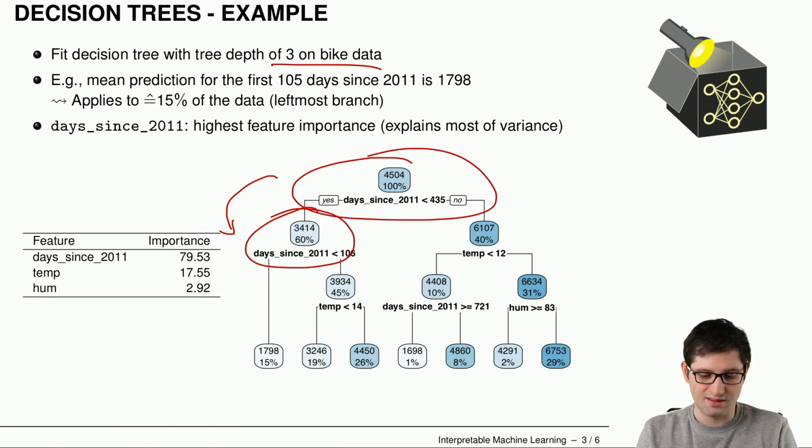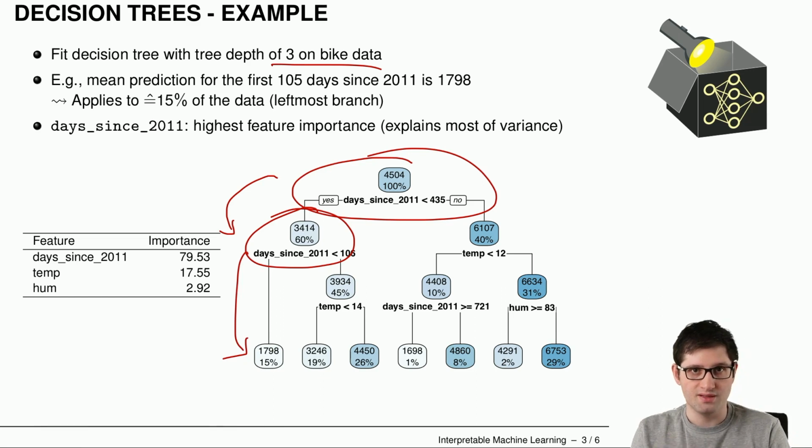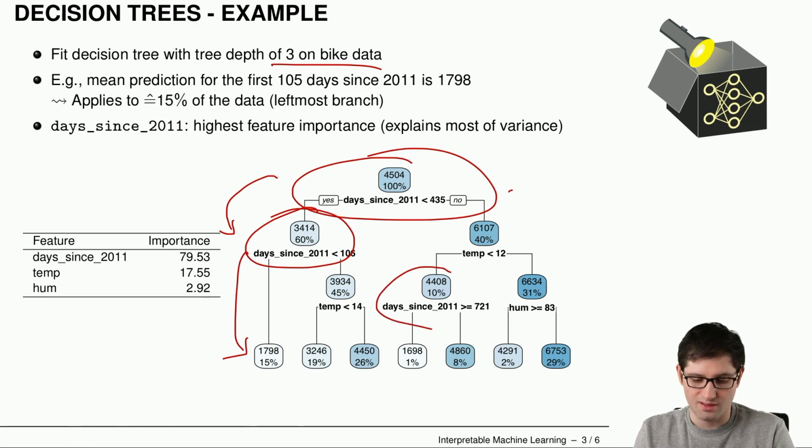And since it's the same feature that was used for splitting, also from here to there, we can sum up the improvements and do this for all paths where this feature was involved. Here, for example, there's the feature that occurs again from here to there. The split also leads to a certain improvement, and all of these improvements can be aggregated to an importance score.